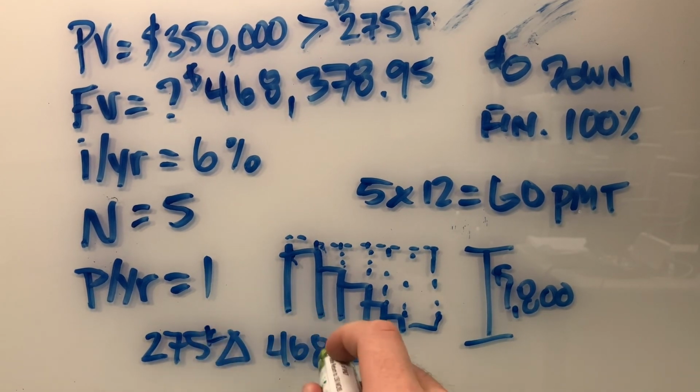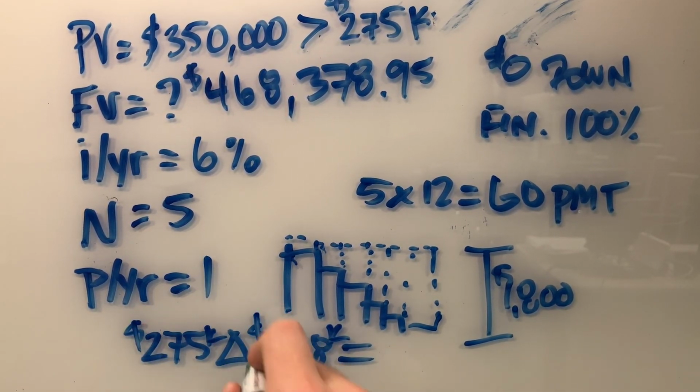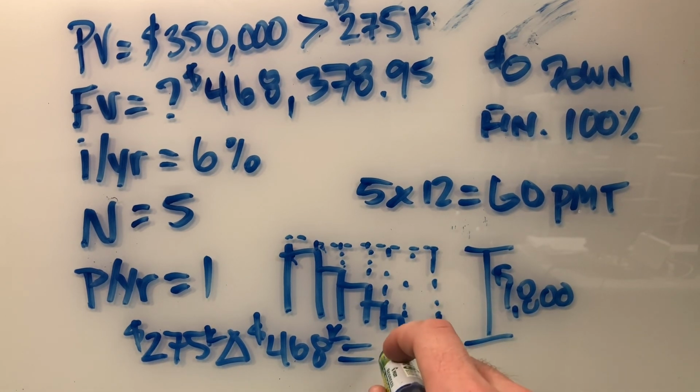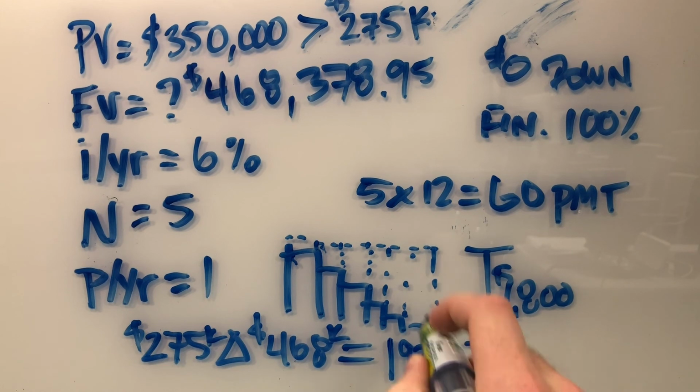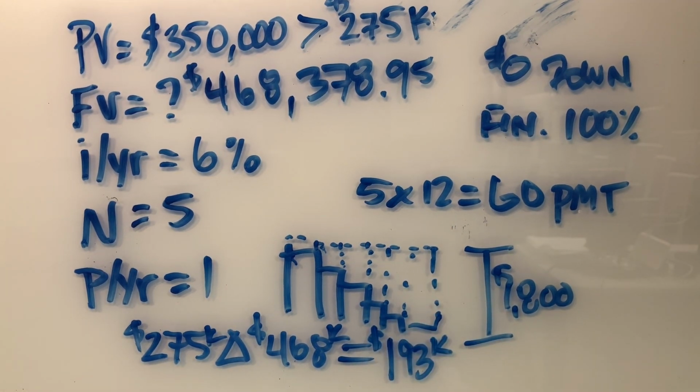So the delta between 275 and 468, you have $193,000 equity if you were to turn around and sell that home right now. And so that's where some of these financing principles start to come into play, just a hair, and just everyday real estate scenarios.